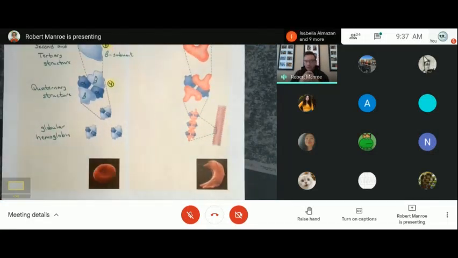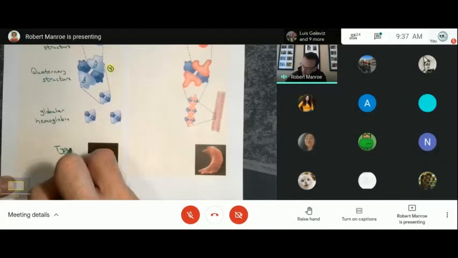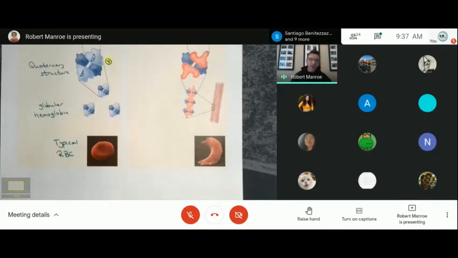When these globular proteins are then surrounded by a plasma membrane, you get a typical red blood cell. And it literally looks like a jelly donut, okay? It's a nice circular cell, and it even dips in the middle just like a jelly donut. You have millions and millions of these in your bloodstream, okay?